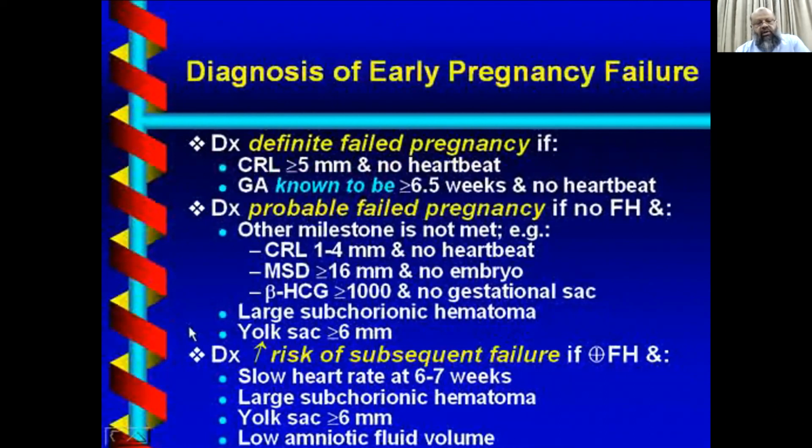Then comes the third type, which is increased risk of subsequent failure. A fetal heart with a slow heart rate at 6 to 7 weeks. Large subchorionic hematoma, yolk sac above 6 mm, and low amniotic fluid volume.